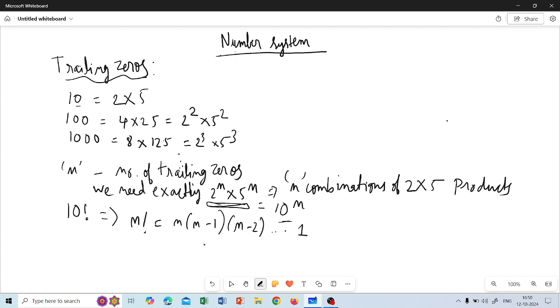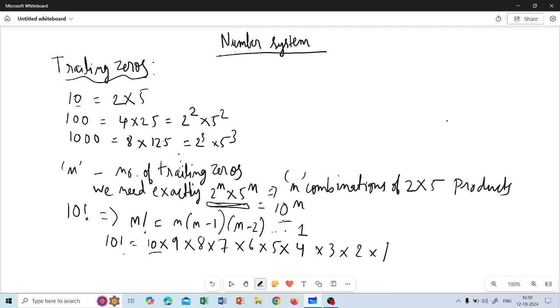So for example, 10 factorial is nothing but 10 into 9 into 8 into 7 into 6 into 5 into 4 into 3 into 2 into 1. So there is a 10 here, straight away a 0 is there.